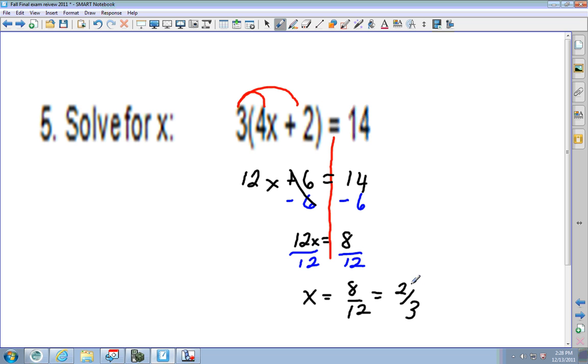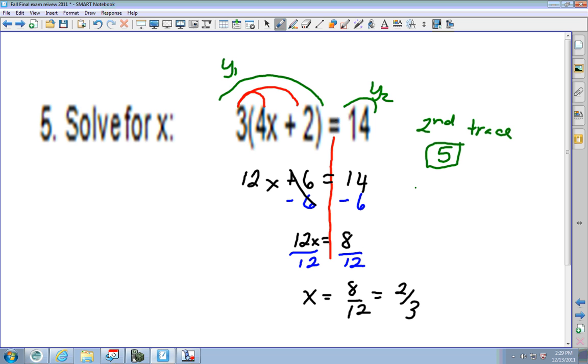But this one's a little more difficult because it's a fraction. Let me go back a second. Put this into y1 and the right-hand side into y2, and then you'd press second trace 5, and that's the intersect one, and you press enter 3 times. And it would probably give you 0.66667, and you'd have to know to reduce or change that back to a fraction.